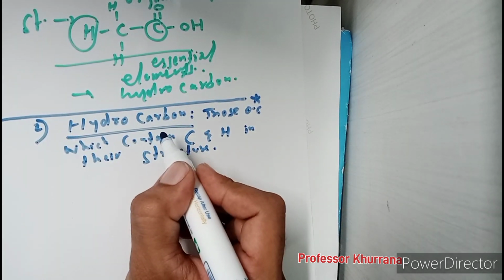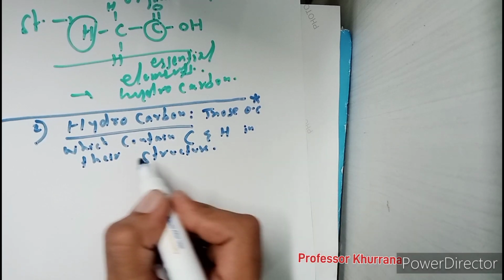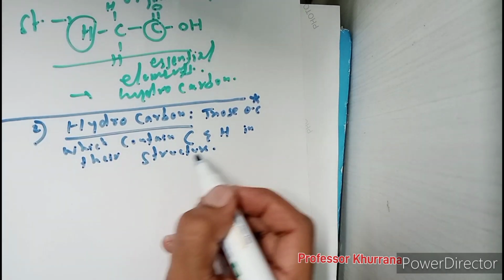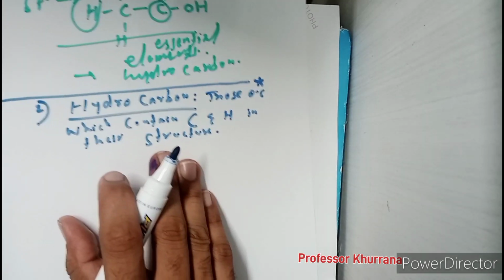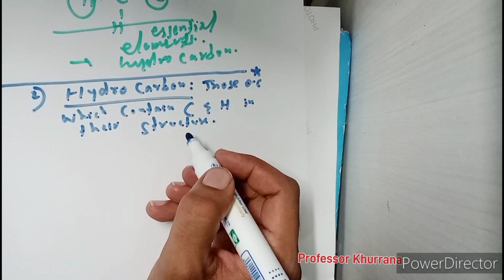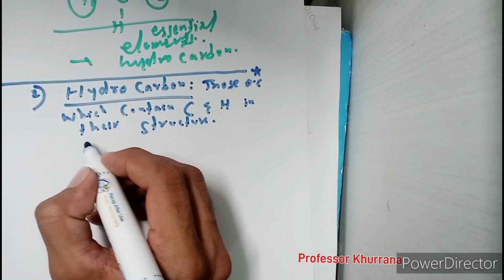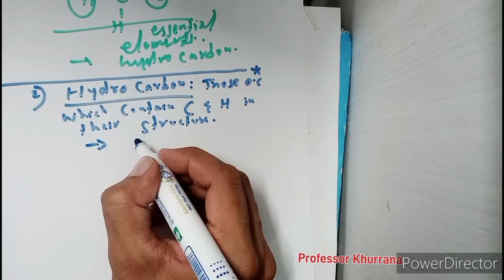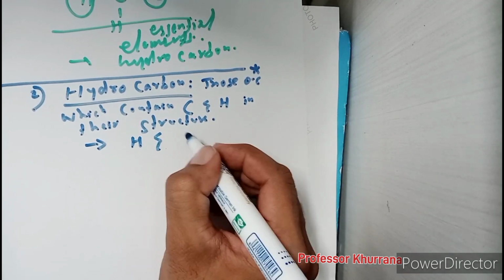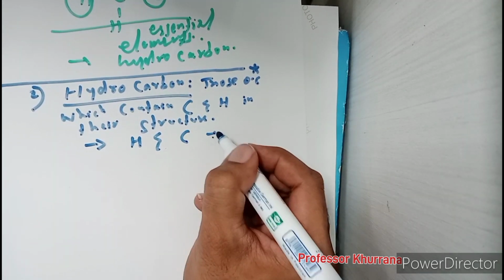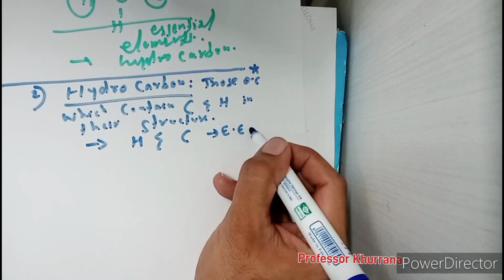Hydrocarbons consist of hydrogen and carbon as essential elements.